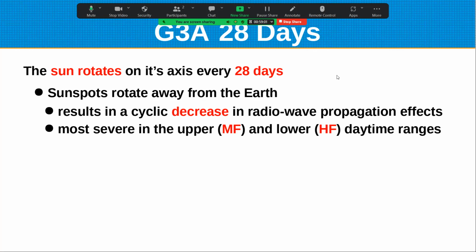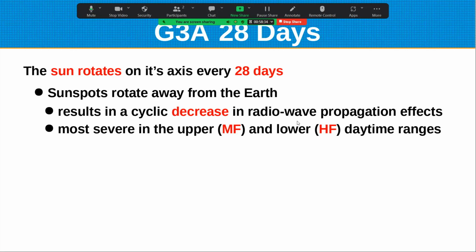It's a 28-day cycle. And the reason we care about that is sunspots on the surface are rotating. So we see them and then they rotate away from us and they come back 28 days later if they're still there. That's why they have a varying effect, because they're moving away from us part of the time or coming towards us.